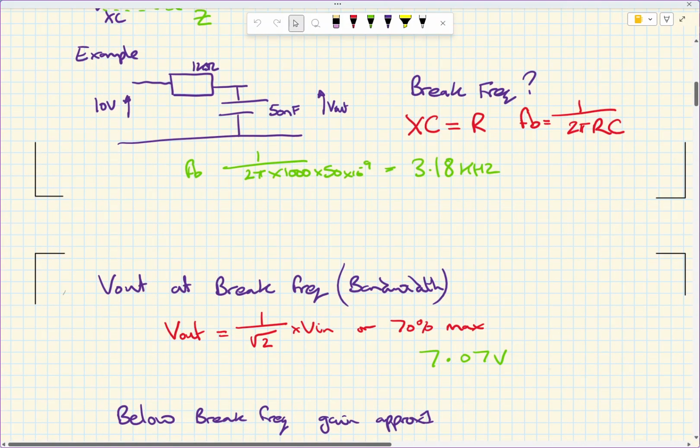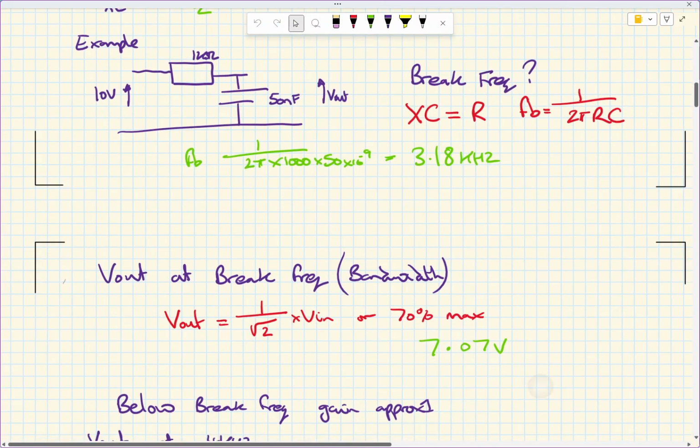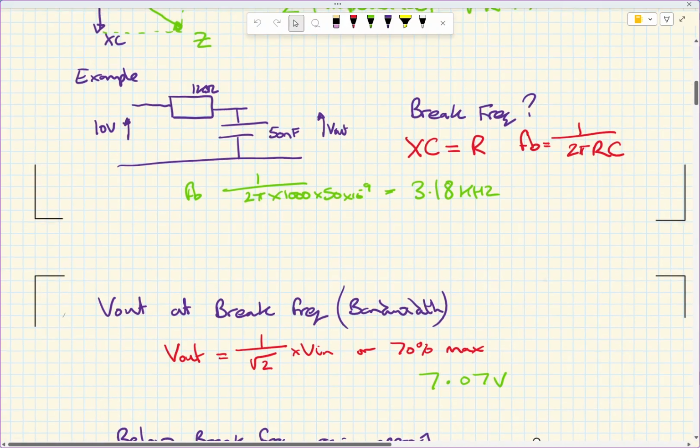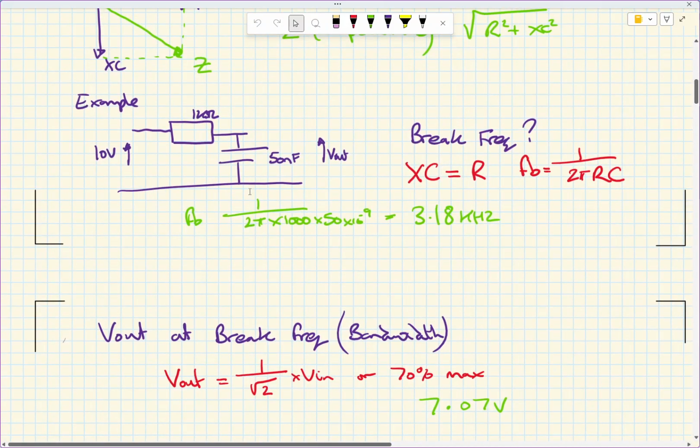Okay, so that's what we got, and we can plot that on a graph. Now, quite often in a numerical calculation we might want to work out what the voltage is going to be at another frequency. As this capacitor is after, this is a treble cut circuit, so before this break frequency we're going to have a gain of approximately 1, so it would make sense to look at what the output is above this frequency.